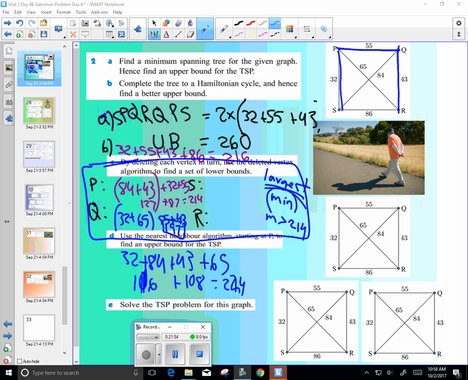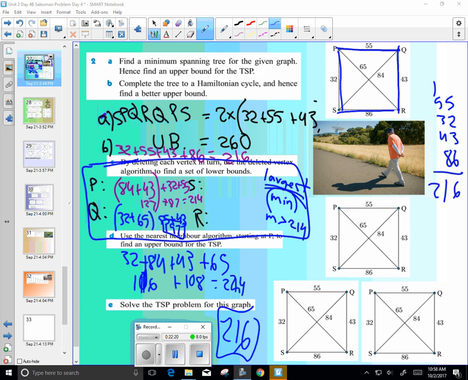I don't think there's any way of connecting these that's going to be better than this one. And so that's just going to be 55, 32, 43, 86. So 7 and 9 is 16, 8 and 8, 16, 21. 216 is their least. Yep. And you know that makes sense. It's between 214 and 260.